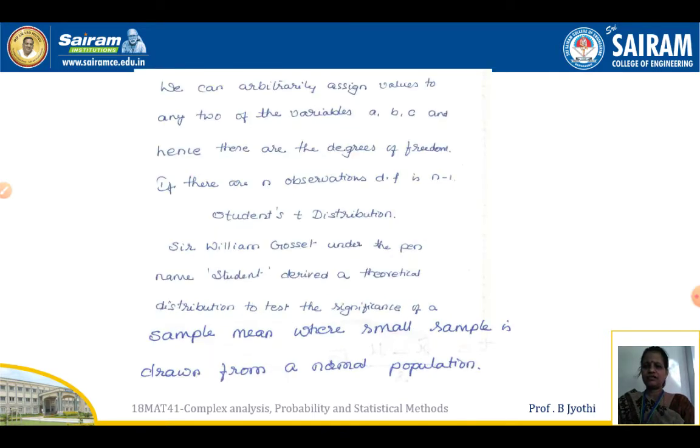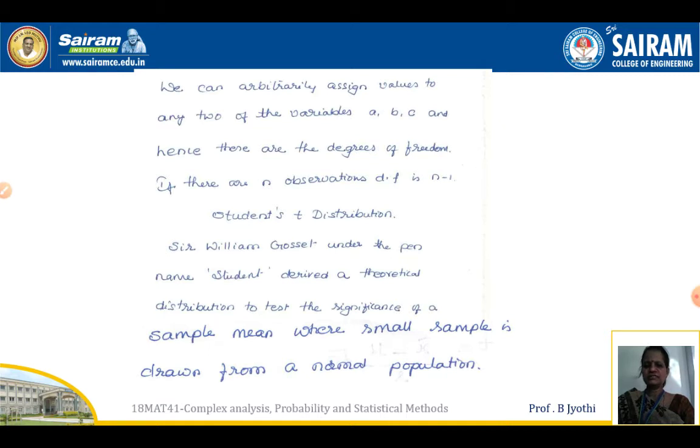We can arbitrarily assign values to any two variables, a, b or c, and hence these are the degrees of freedom. So if there are n observations, then the degrees of freedom will be n minus 1.